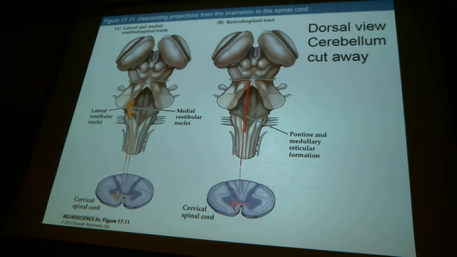If I took your head and removed your cerebellum, we'd be looking down on your brainstem right here. Okay, and this big hole here is the fourth ventricle. Okay, so the vestibular nuclei are located right here. I can tell you the auditory nuclei, the brainstem auditory nucleus is right next to it. You know it well.